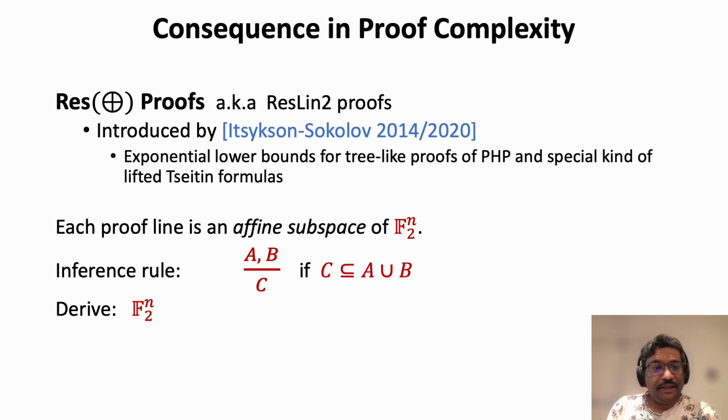In a Res parity proof, each line in the proof is an affine subspace of the space F2 to the n, and the inference rule just says that if you have A and B, you can derive C if C is a subset of A union B. So if A and B are affine subspaces and C is another affine subspace, the goal is to derive the empty subspace.